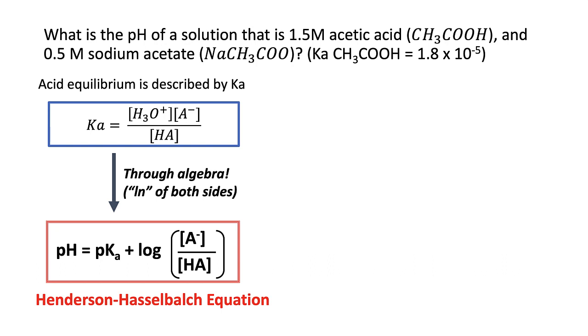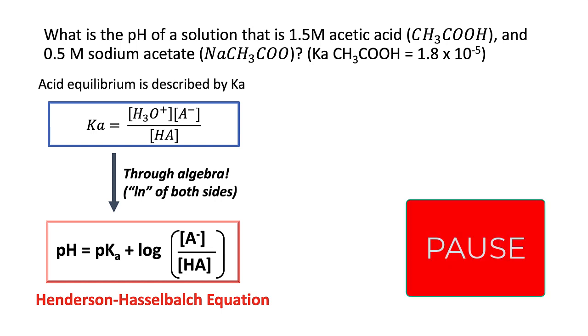So that's what the Ka is going to be here, and then if we have the concentration of each buffer component, we can calculate the pH. Recall that pKa is calculated in the same way as pH. We just take the negative log of the Ka. So go ahead and pause the video here, see if you can use the Henderson-Hasselbalch equation to solve for the pH of this buffer with the information that's provided, and I'll present my solution in just a second.